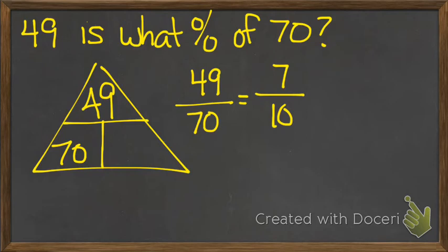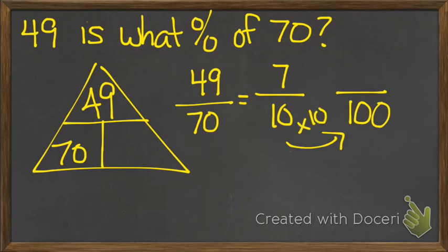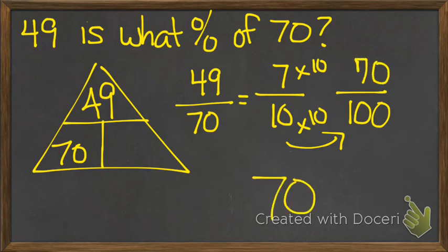I'm thinking, wait a minute, I can do Sean's shortcut now. I can make the bottom become 100. How would that happen, though, Max? Right. Top and bottom by 10s. And so 7 times 10 is 70. Now, 70 over 100, make sure you know that means 70%.